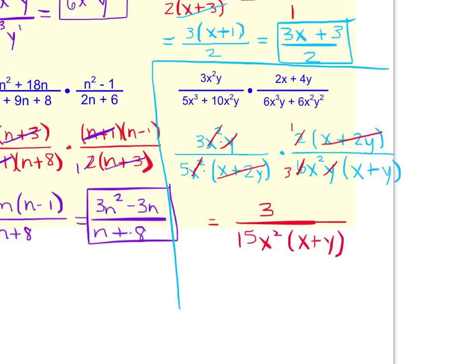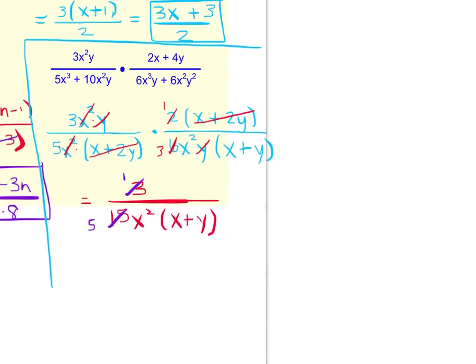Alright, so you guys may have caught, before I started writing the final answer, this 3 actually can cancel with that 3. If you missed it like I did, well, now I have a 3 over a 15 and I can reduce from here. So I can divide by 3 and get 1, divide by 3 and get 5. So it leaves us with a 1 in the numerator.